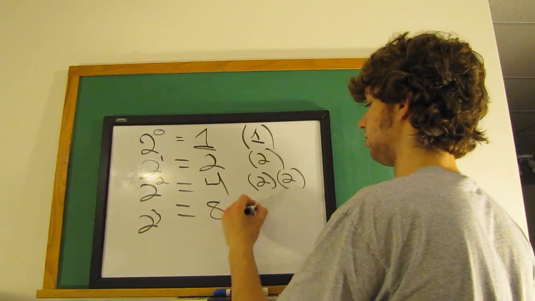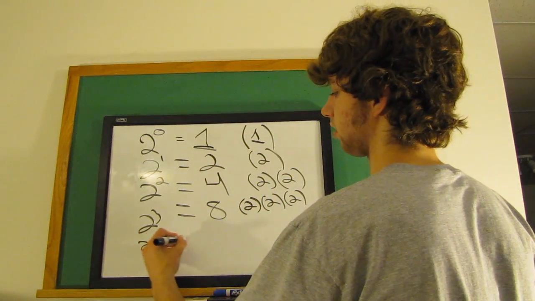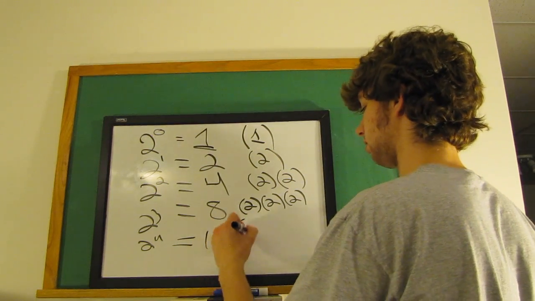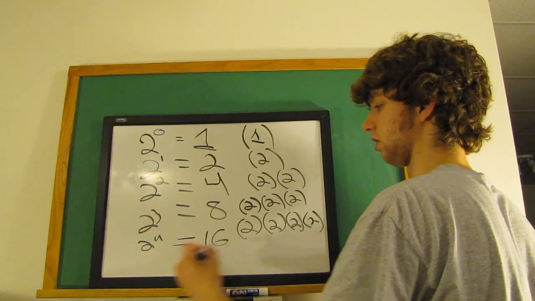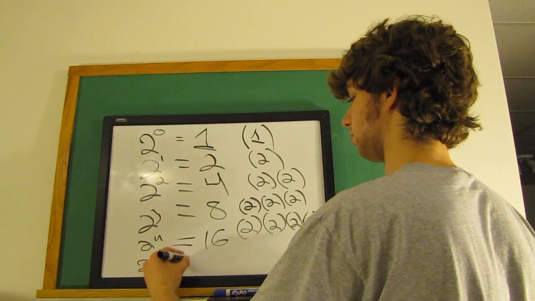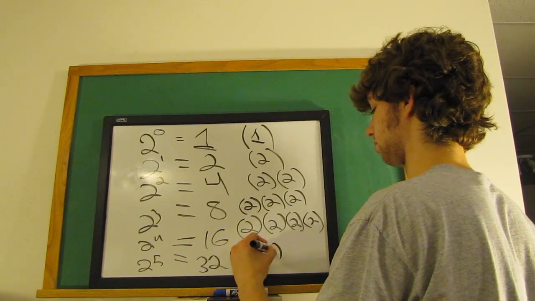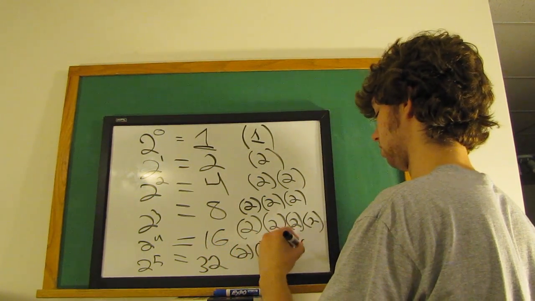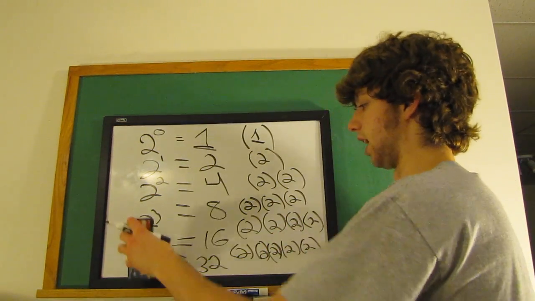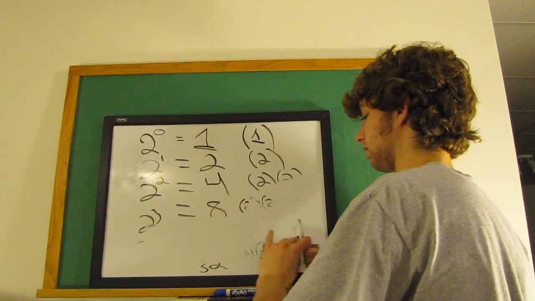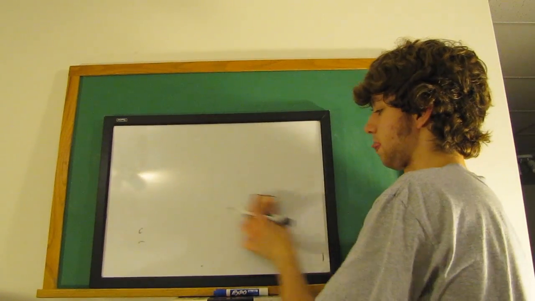Then 2 to the 4th is equal to 16, which is 2 times 2 times 2 times 2. 2 to the 5th is equal to 32, which is 2 times 2 times 2 times 2 times 2. And it can keep going on forever. I'm not going to keep going because I think you get the process. So we can use this to calculate binary.